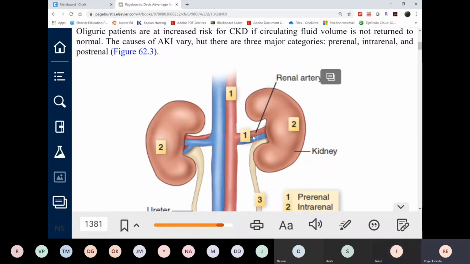All right, so you get the picture. Anything that stops or slows down blood going to the kidney belongs under pre-renal. So we have a lot. Last week we did diabetes insipidus. Diabetes insipidus leads to dehydration, so that will lead to pre-renal kidney injury.